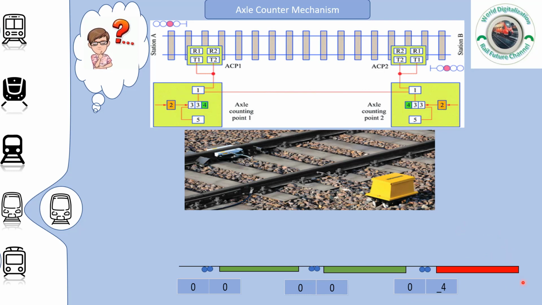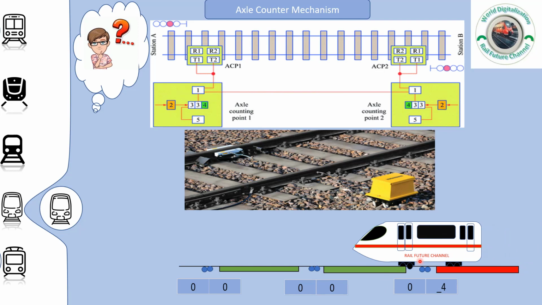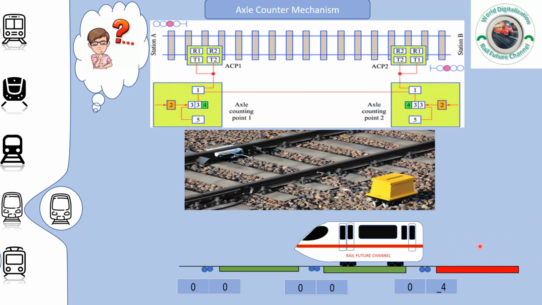We assume here we have section 1, section 2, section 3, and here section 4. So the train came from this direction, for sure there is an axle counter system here, and right now after the train passed the axle counter here, we have -4, this is the out ones, and here for sure we have 4.